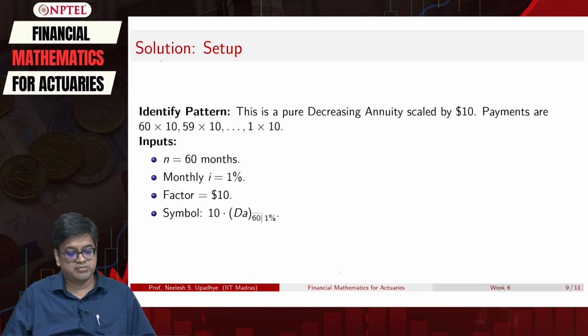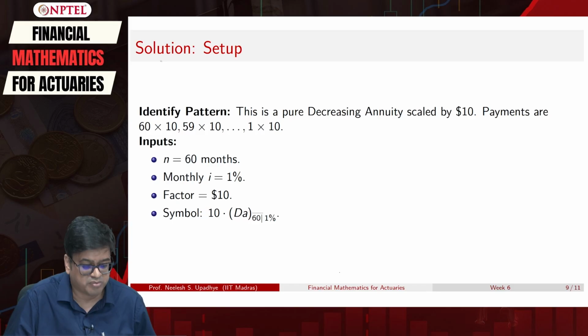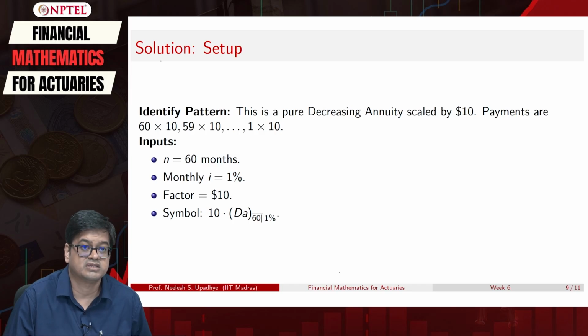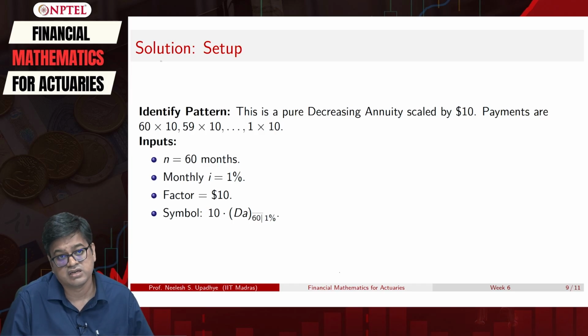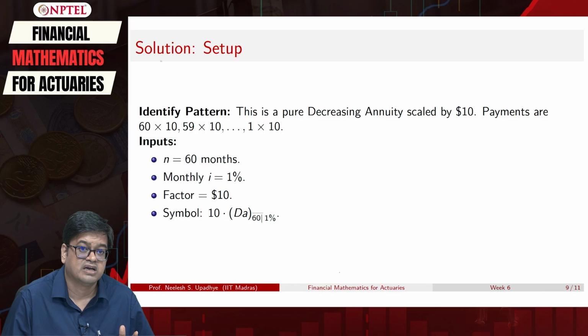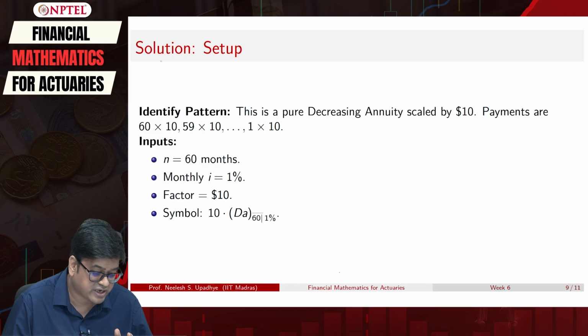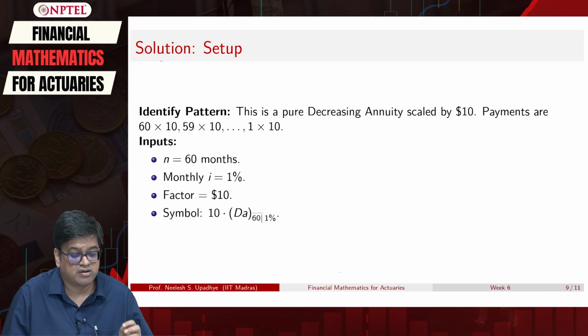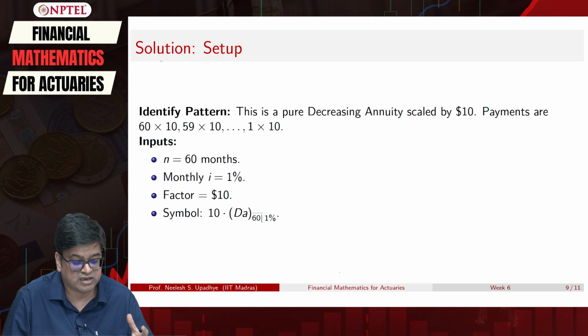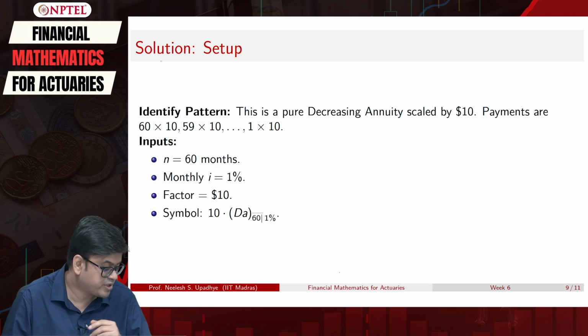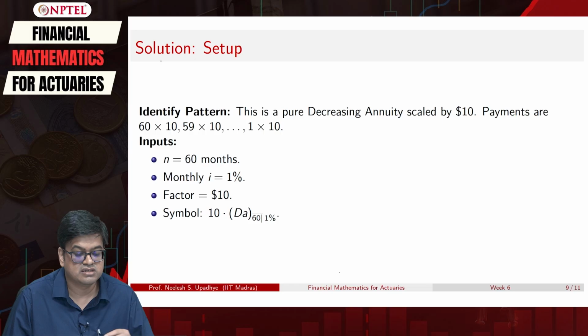So, the interest rate becomes 1% monthly, and the time period is calculated in months. There are 60 months, the interest rate is 1%, and I can easily use the factor of 10. Therefore, the symbol or the calculation that I have to do is for DA 60 at 1%. You can simply solve this problem using that.